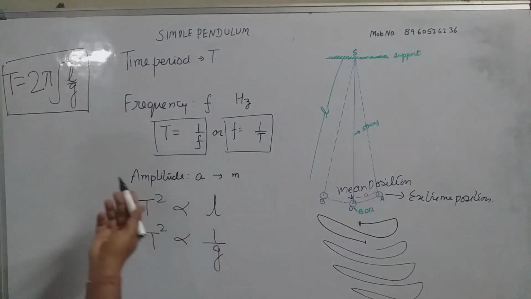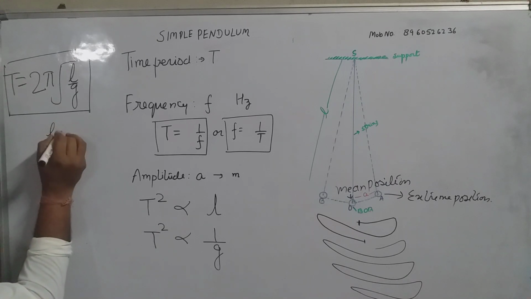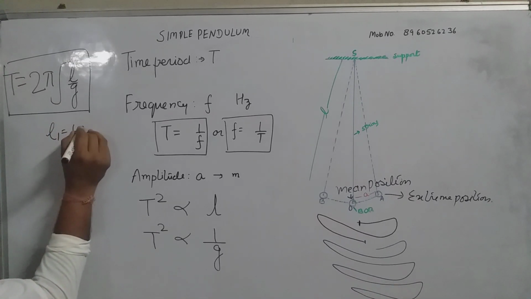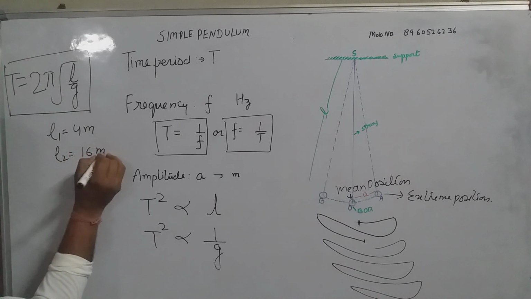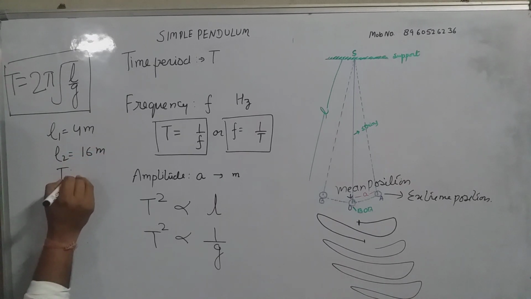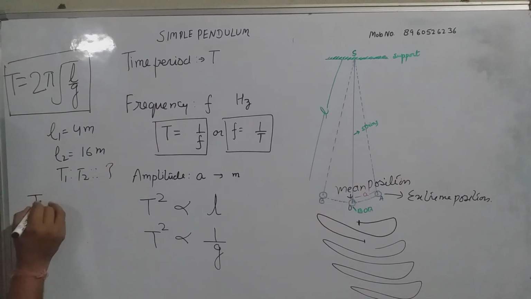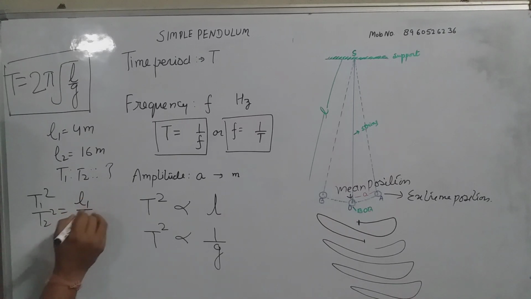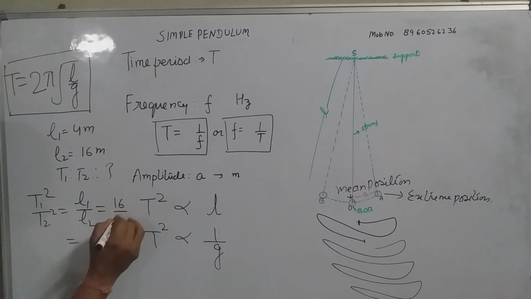You can take one example for solving a numerical. Suppose length 1 is 4 meter and length 2 is 16 meter. What is the ratio of T1 and T2? You have to find the ratio. So we can write T1 square upon T2 square equals L1 upon L2. Put the values.